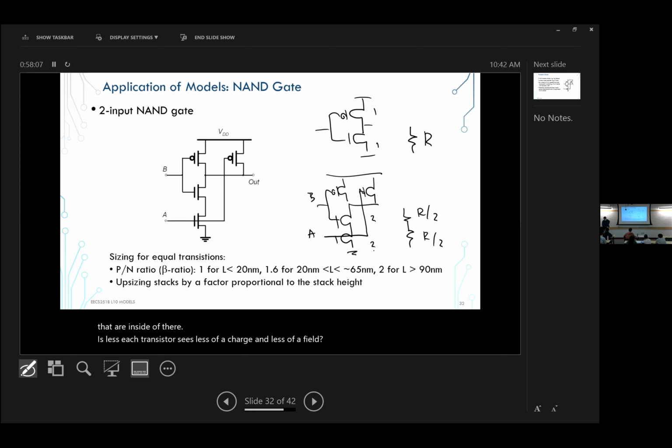And each one of them is less velocity saturated than a single transistor is. What would that result to the current? If by stacking transistors, we make them be less velocity saturated, will their current, by putting two of them in a stack, be cut in half, or will it be cut by less than a half or more than a half?